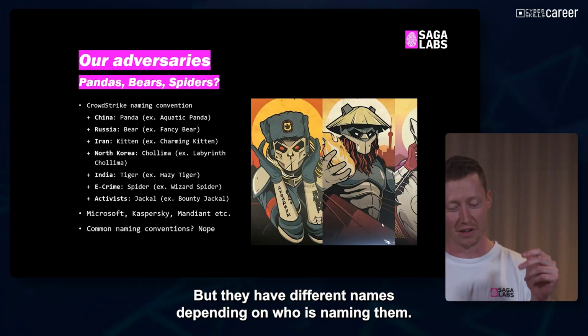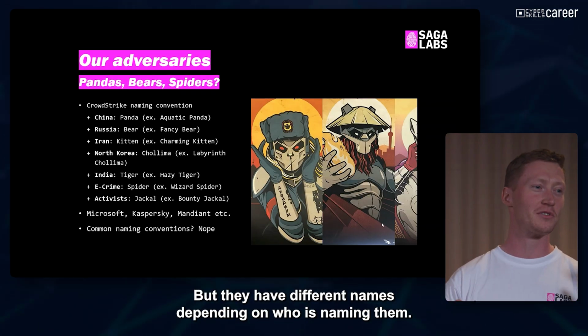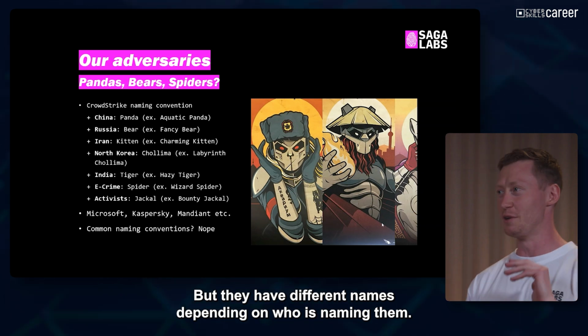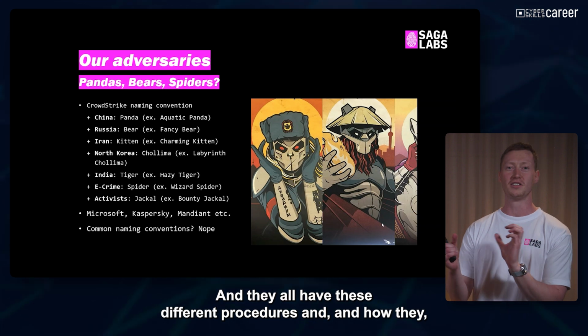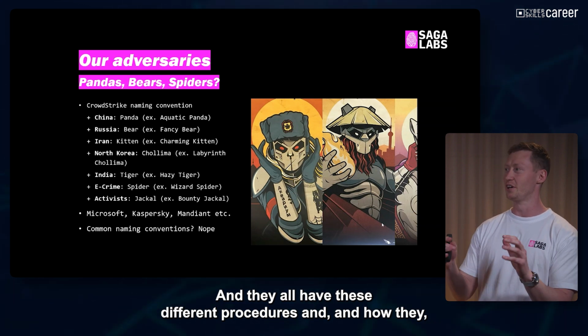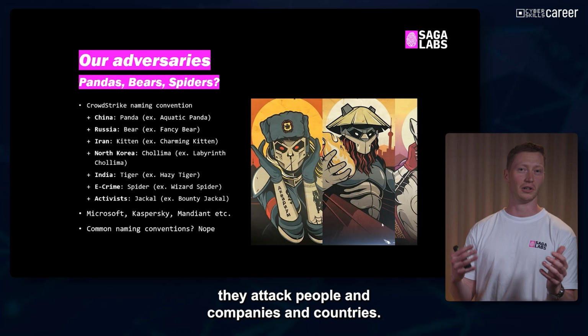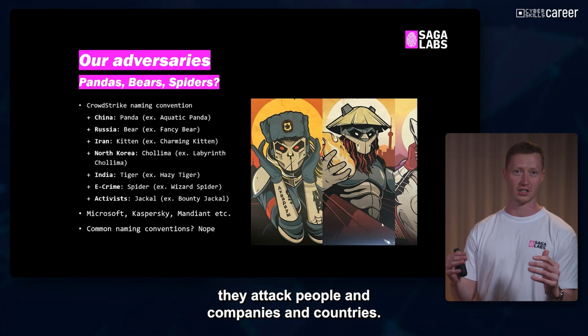But they have different names depending on who is naming them. It can be hard to track who's who, and they all have different procedures for how they attack people, companies, and countries.